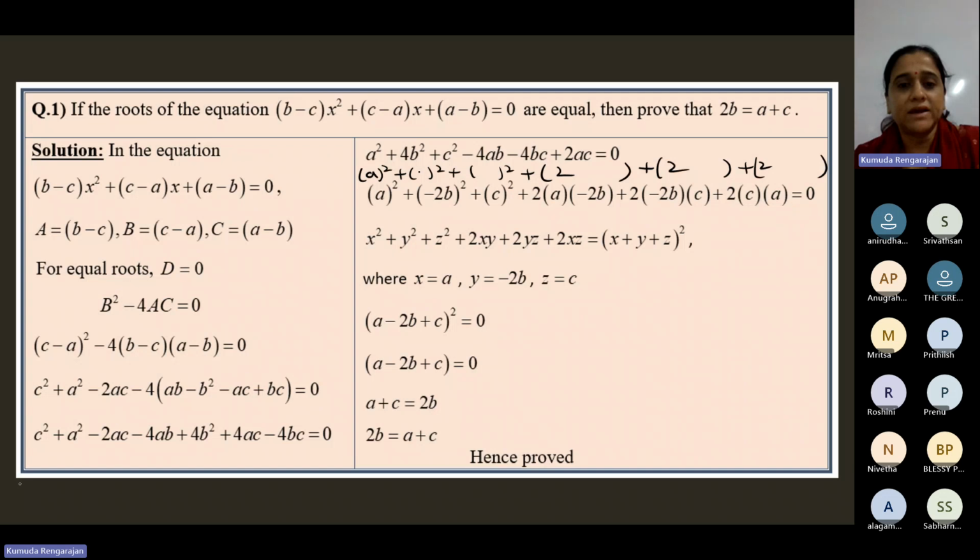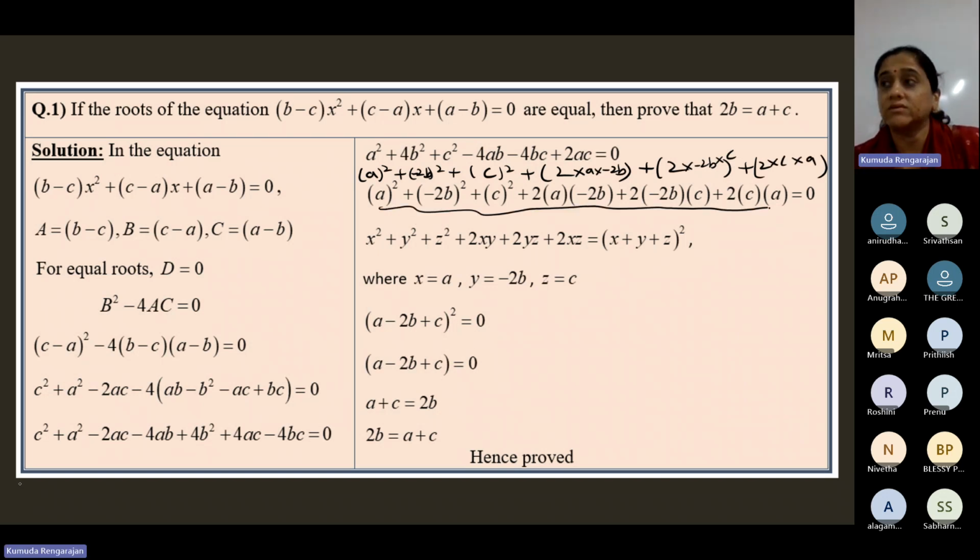A. Second bracket, 2b, but we understood it should be negative, so minus 2b. Third bracket, c. Then here 2 into a into minus 2b, then 2 into minus 2b into c, and then 2 into c into a. That's what you see here.